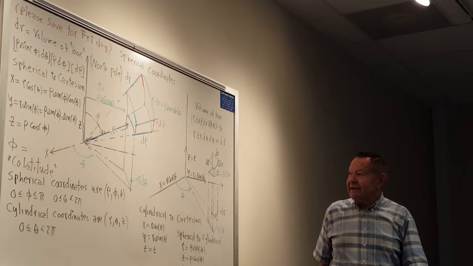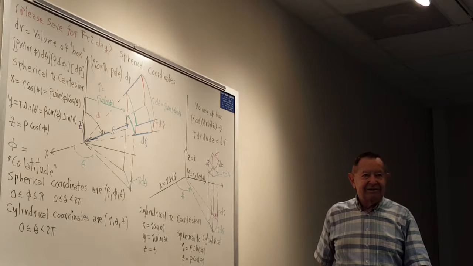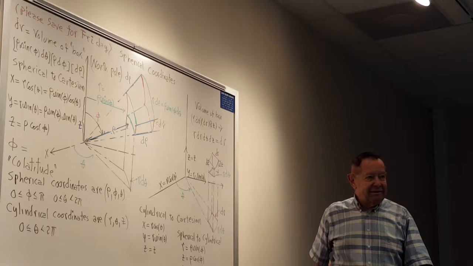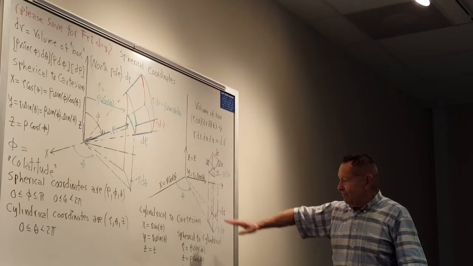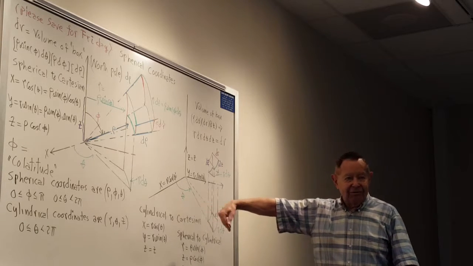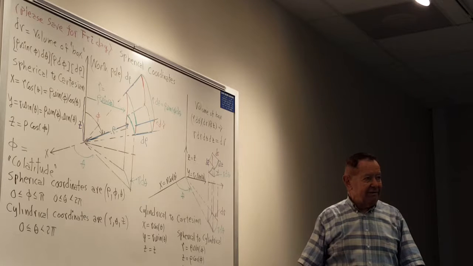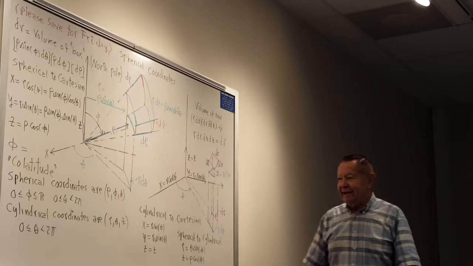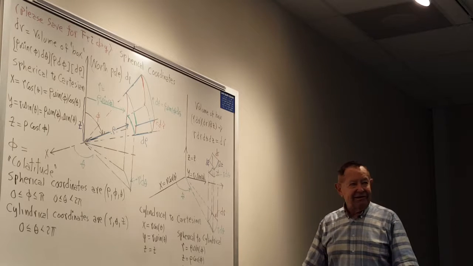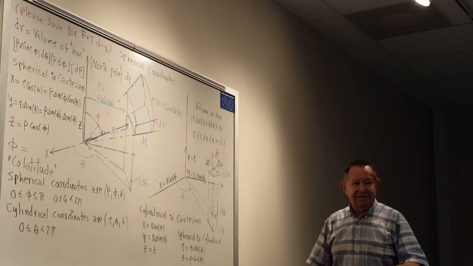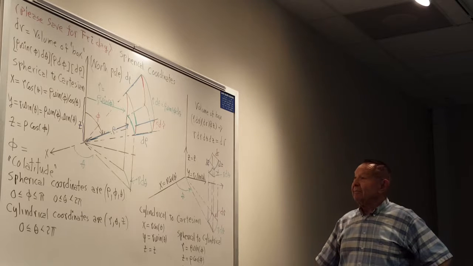So phi is 0 to pi, and theta is the same as for cylindrical coordinates, 0 to 2 pi, and the same as for polar coordinates. You have to do it one way or the other, and I think this really is the more sensible way.